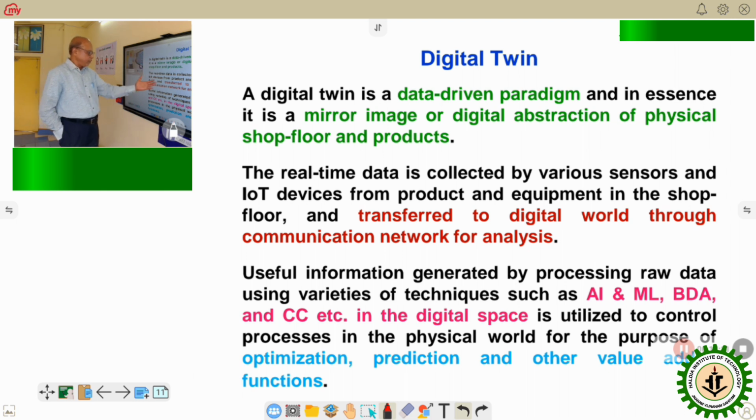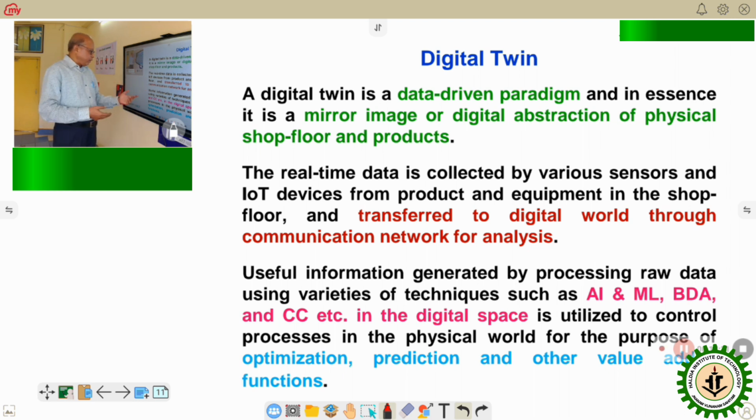Once again, I have incorporated in a separate slide the key capabilities or key attributes. The real-time data is collected by various sensors and IoT devices from the product and equipment on the shop floor, and then transferred to the digital world through the communication network for analysis.